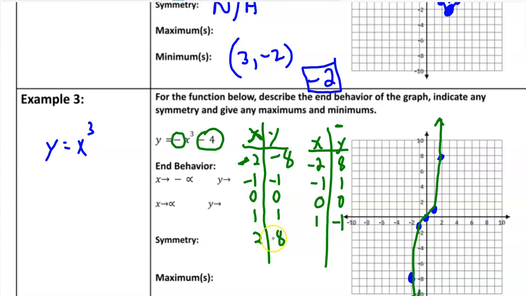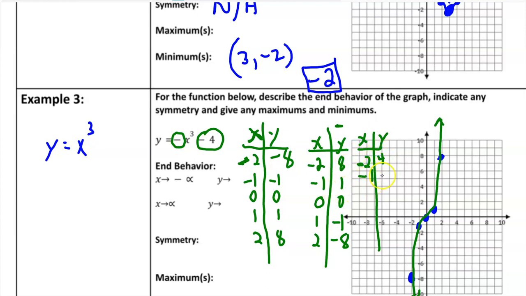So it's 1, 1, 2, negative 8, 2, negative 8. And then I'm going to move those y values down 4. Subtract 4, so negative 2, 8 minus 4 is 4.